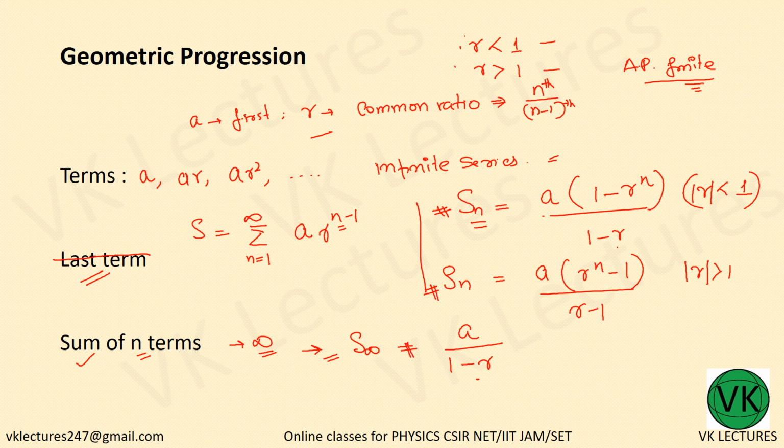Usually for arithmetic progression you don't consider having a finite number, but these are the answers for the sum of finite terms. If n is finite, you can use these two formulas, and this is for infinite terms.